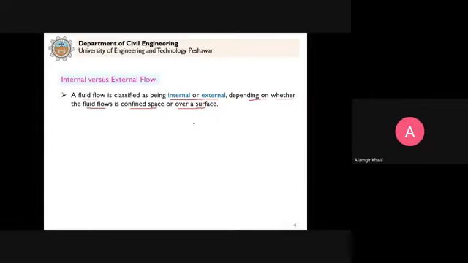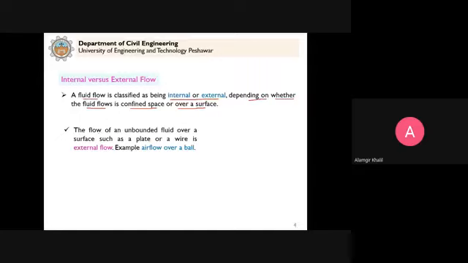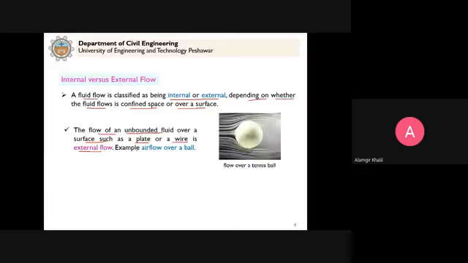To further clarify the concept, the flow of an unbounded fluid over a surface such as a plate or a wire is external flow. Example, air flow over a ball.